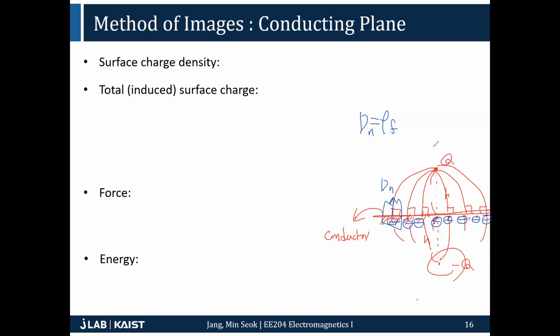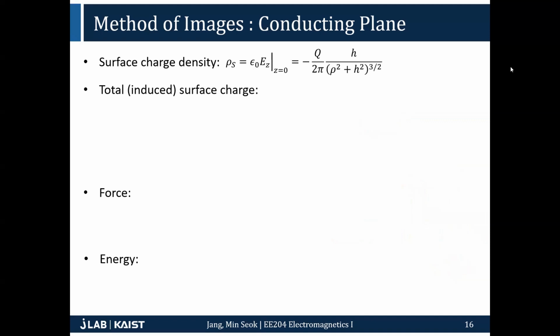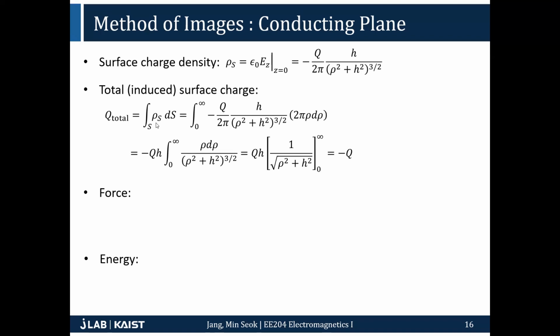So if you apply that, because you already know the electric field distribution on the surface, from that you can get rho_f. Rho_s, the surface charge density, is nothing but D_n, epsilon times dV/dz, which is this. Okay, the total surface charge, you can just integrate rho_s over the entire plane, which gives you minus Q.